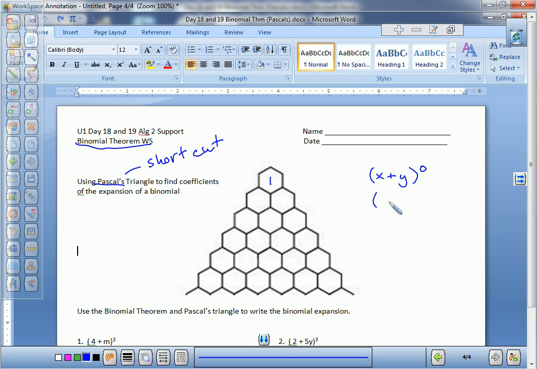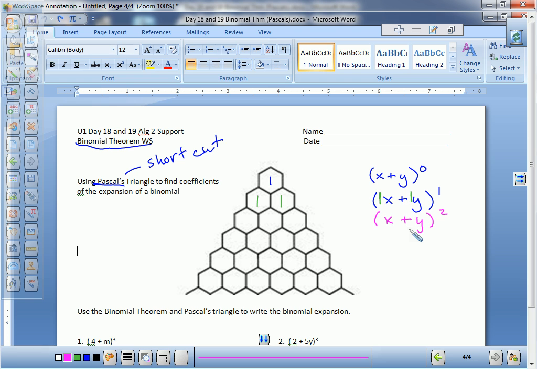And then the next row represents where we do x plus y to the first power. And we look at the understood coefficients. Understood to be 1, understood to be 1. So that's where the 1 and the 1 come from. Now the next row is where we take x plus y and we square it.